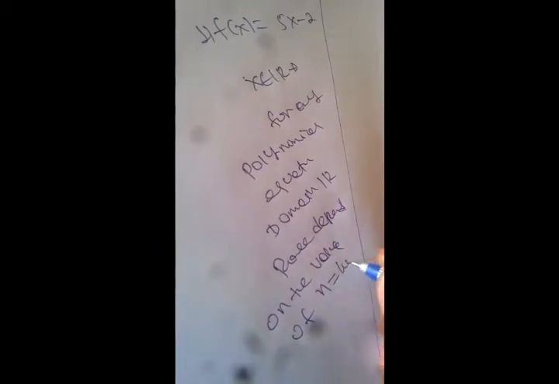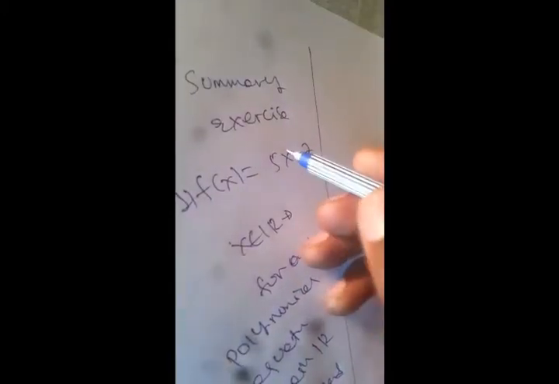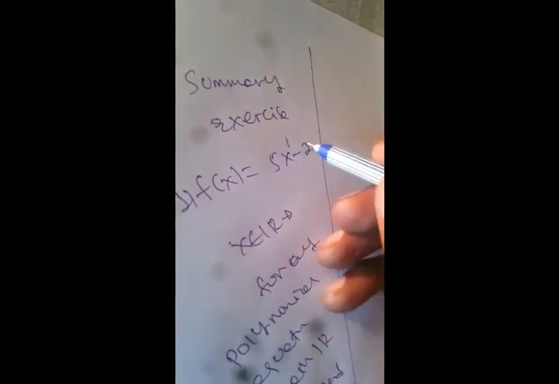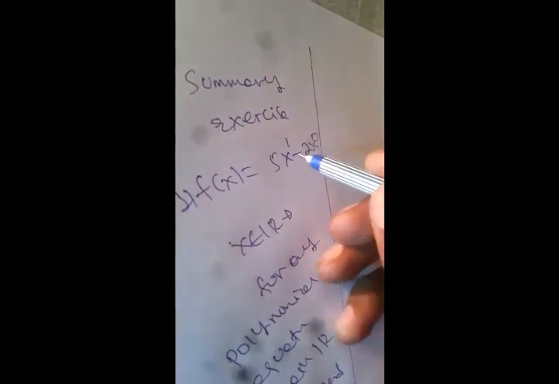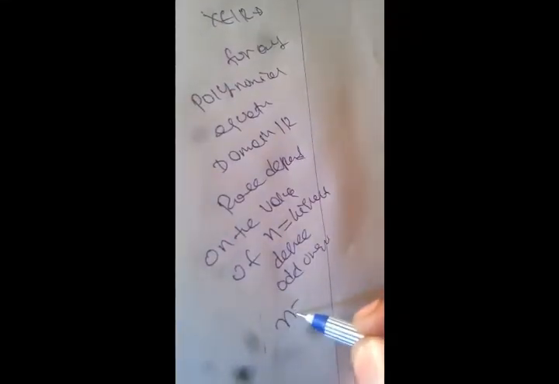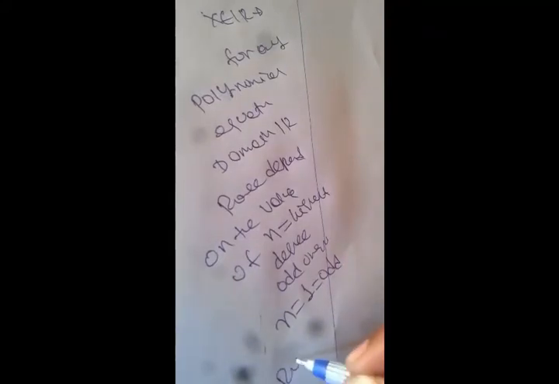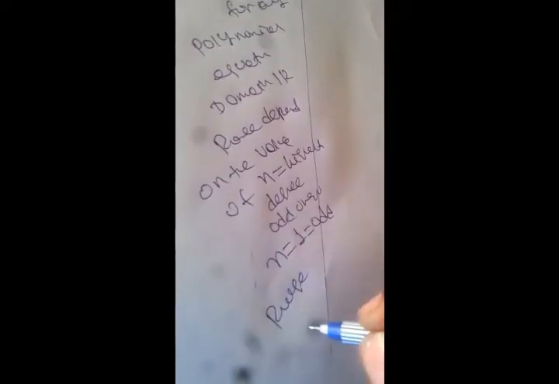N means the highest degree, whether our highest degree is odd or even. In our case, from x raised to 1 and x raised to 0, the highest degree is 1. Therefore, 1 is odd. If n is odd, its range will definitely be y, an element of real number.